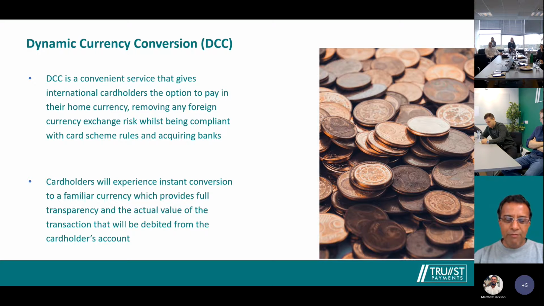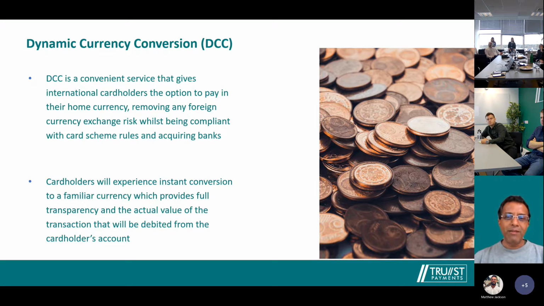Essentially, if you go to the US with your credit card from the UK, the US merchant is going to give you a dollar price. And it's not until you get your card statement or look at your card account online that you see how much you're going to be charged in sterling.